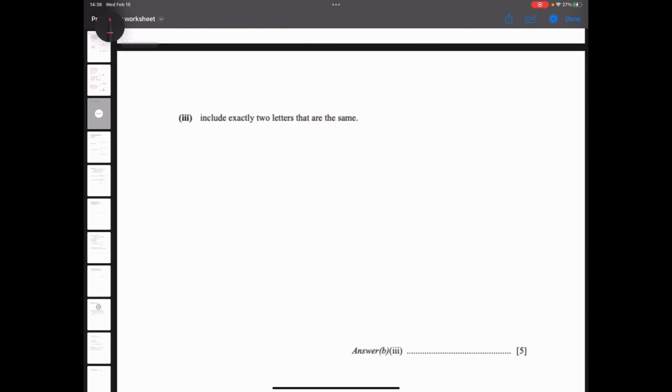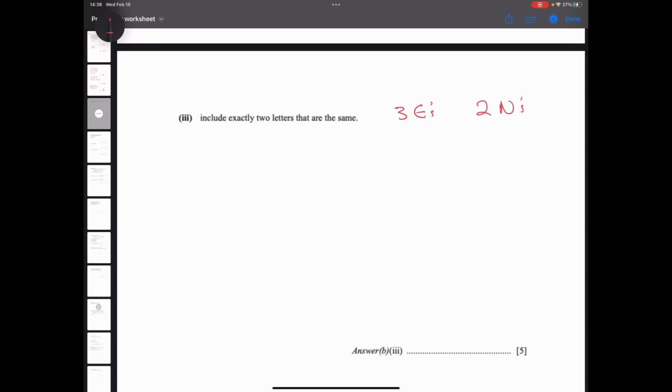Okay, include exactly 2 letters that are the same. We have 3 E's and 2 N's. It only applies to these 2 letters because I don't think I have any other repeated letter.